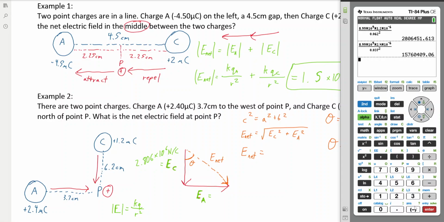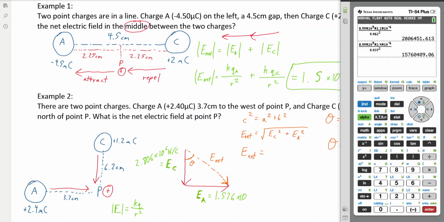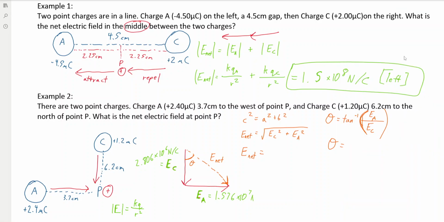So 1.576 times 10 to the exponent 7 newtons per coulomb. Okay, so now we have both of those A and C electric field components, and now we're going to plug them into the orange formulas and solve for our answer.